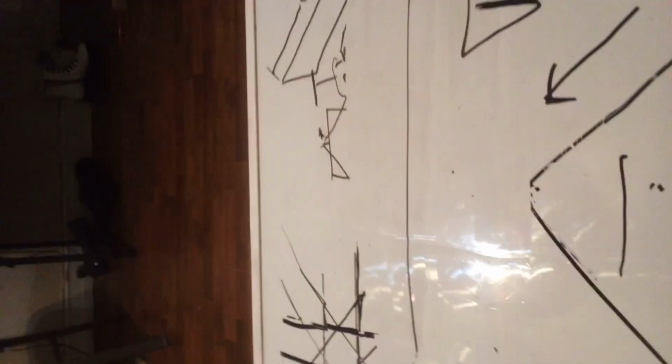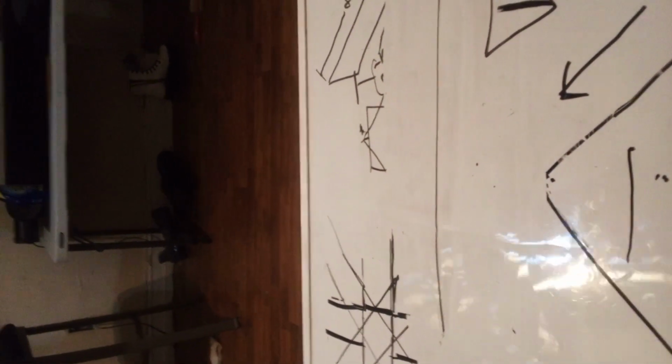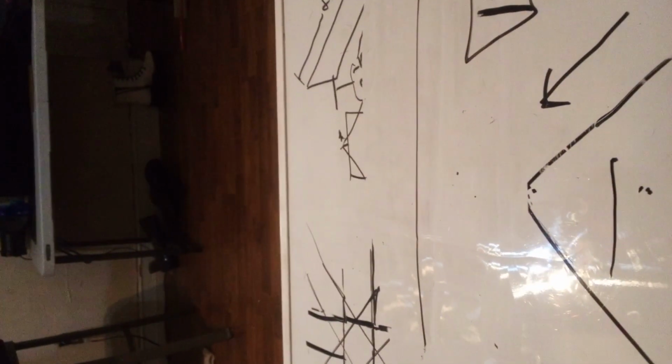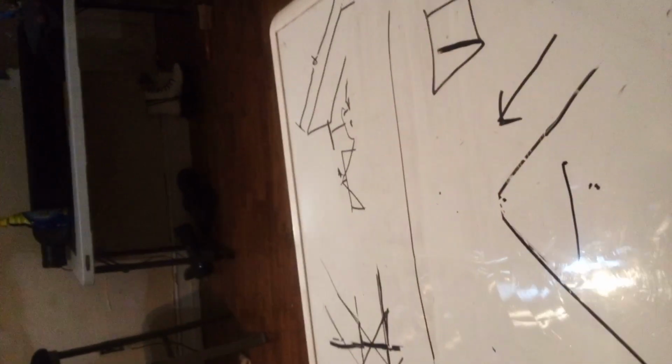But I do believe that we should know the theory of this stuff too, because back in the day, the framers that built tremendous projects in Europe, all them churches you see with all the arches and all this stuff, I don't think they used calculators. They used a framing square and things like that.